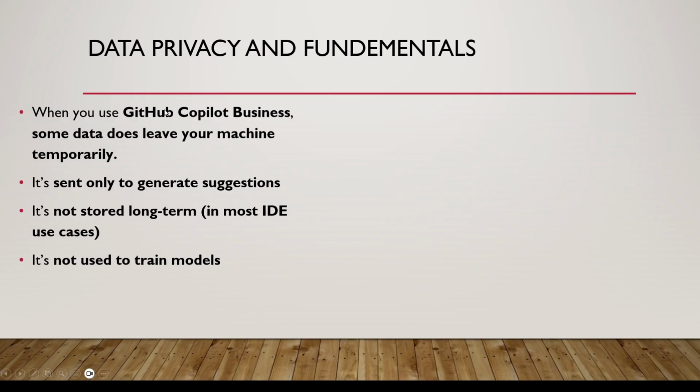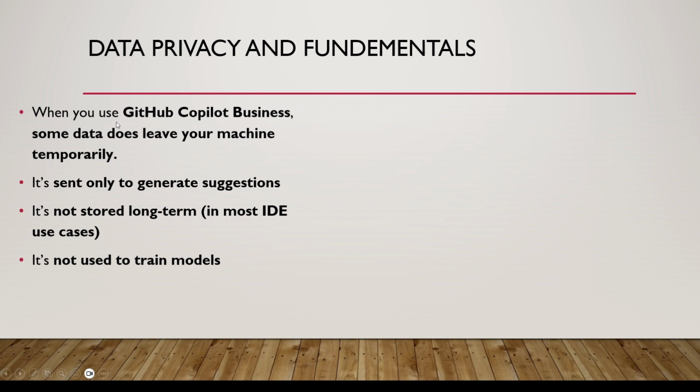GitHub has a variety of versions that you can use. There's the GitHub Free version, in case you are using a free account or open source account. Then we have GitHub Copilot Business, and then GitHub Copilot Enterprise.